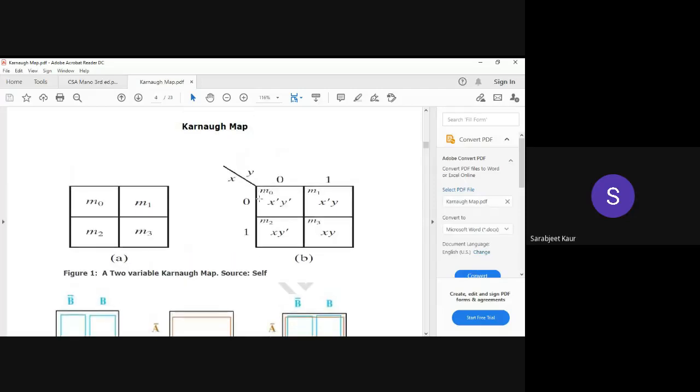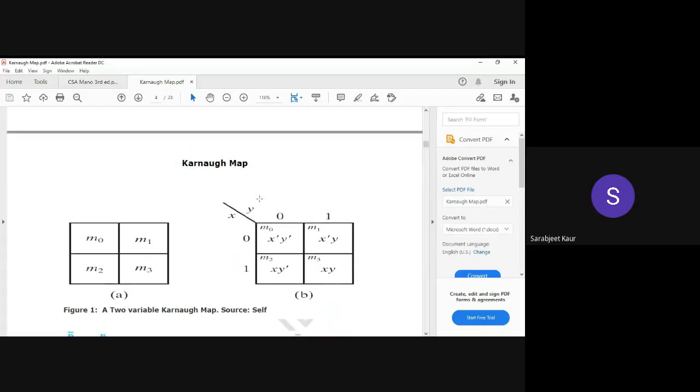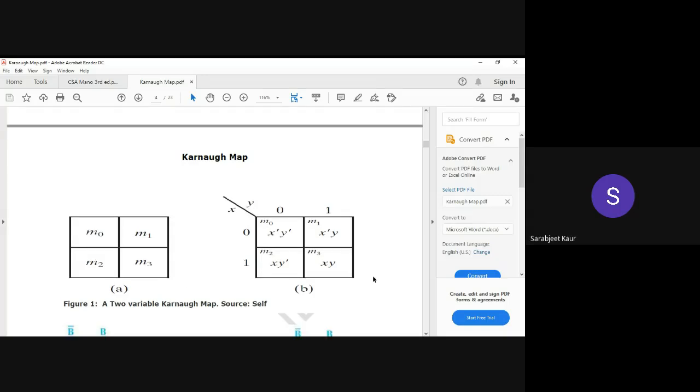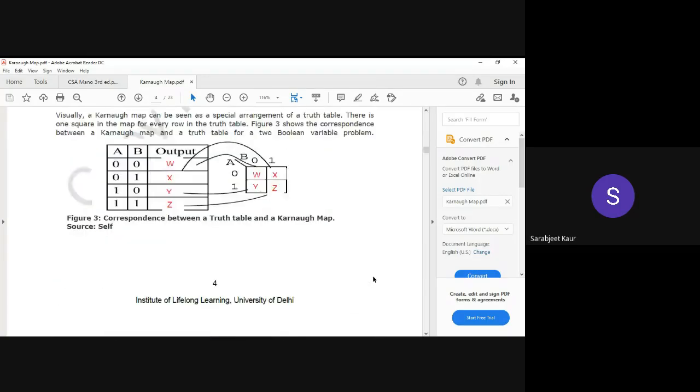Okay, so this we said was a two variable Karnaugh map, where you can see the corresponding minterms M0, M1, M2, M3. This I had discussed last time, and this is how we saw that a Karnaugh map is a pictorial representation of a truth table only.